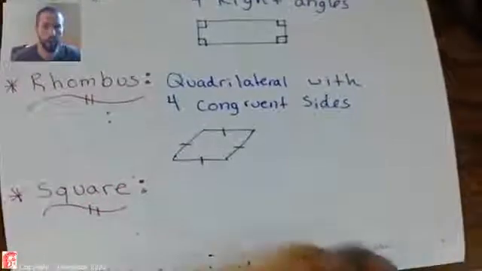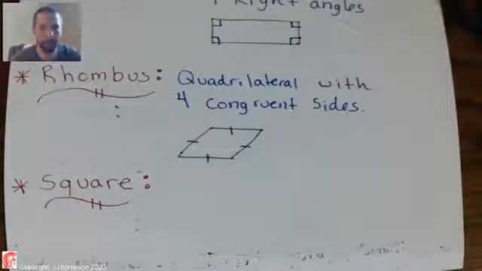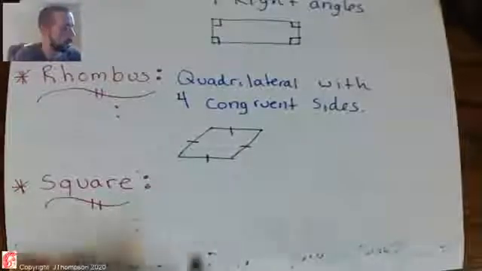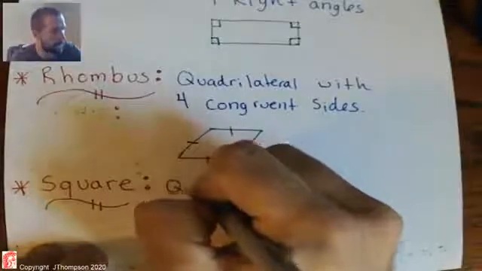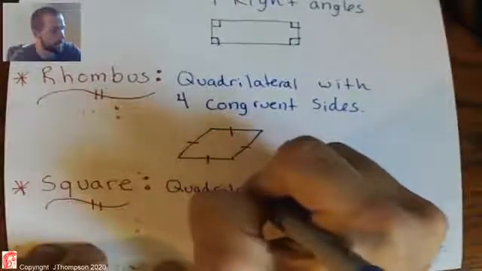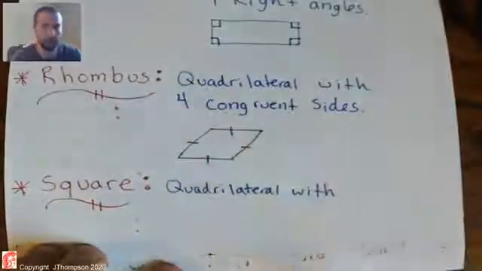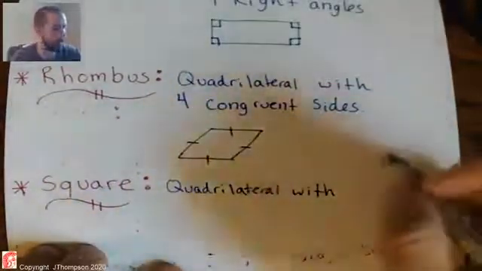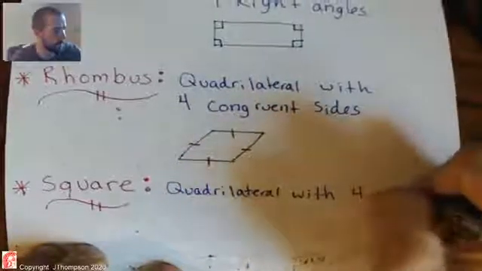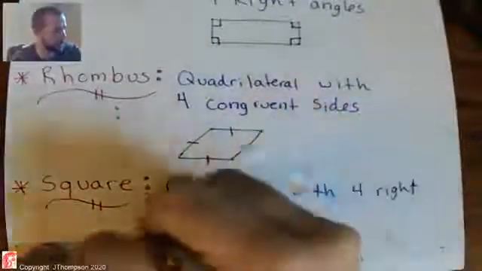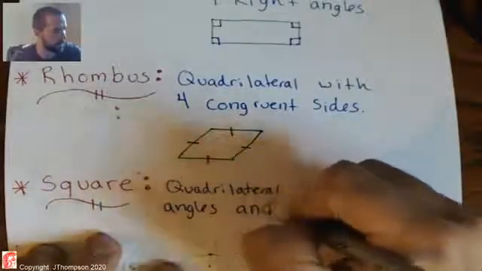Okay, and then a square is if you take a rectangle and you take a rhombus and you put them together, that's what a square is. So a square is also a quadrilateral, so as we know, it has four sides with, and now this is where we take a rectangle and rhombus and merge them together, it has four right angles and four congruent sides.